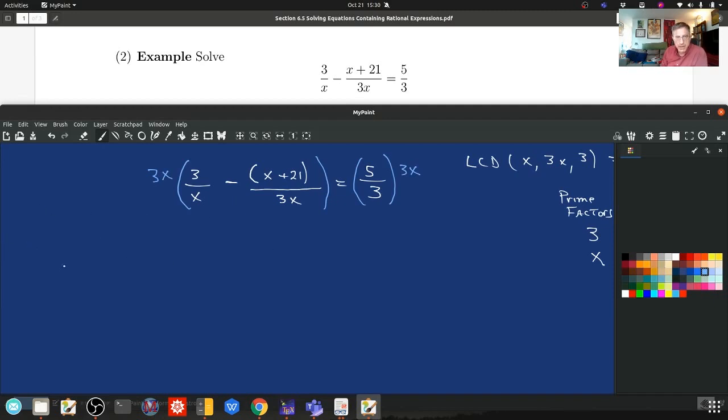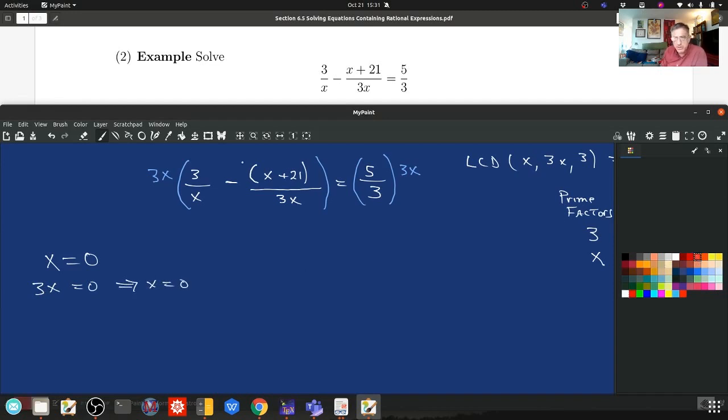Before I do that, again, sometimes it's easy to forget, let's find the values of x that will be restricted. So we said each denominator that is a polynomial equal to 0. If 3x is equal to 0, that implies x is equal to 0, so 0 has to be excluded.